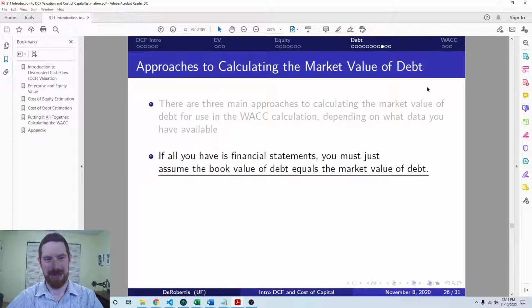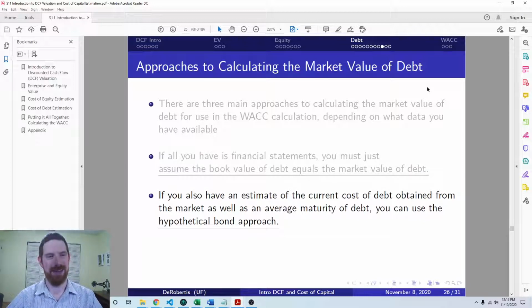For that, you're just taking the book value of debt and using that as the market value of debt. Sometimes that's all you have enough data to do, and so you just have to settle with that. But it's always preferable to look at what's going on in the market currently to come up with the market value of debt, rather than just looking at the historical, because of the issues that we just talked through.